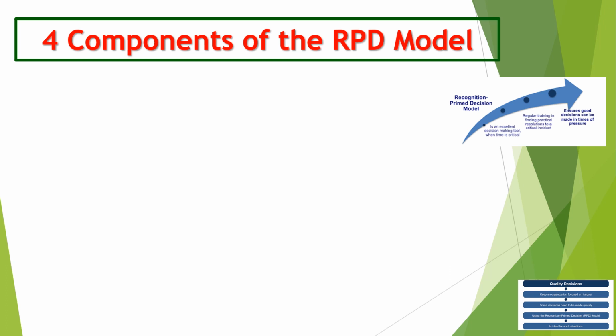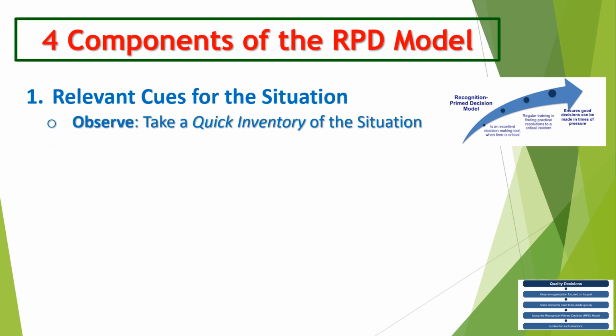So there are 4 components of the recognition primed decision making model. The first one is you have to have relevant cues for the situation, right? You have to observe and take a quick inventory of the situation and see what's going on.